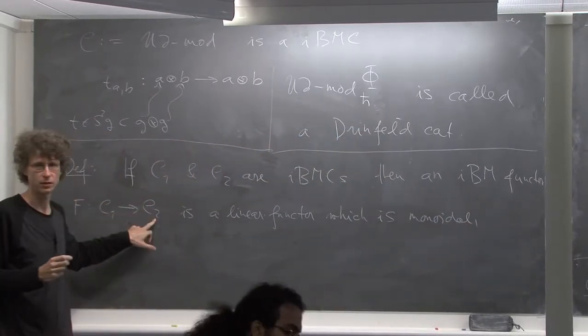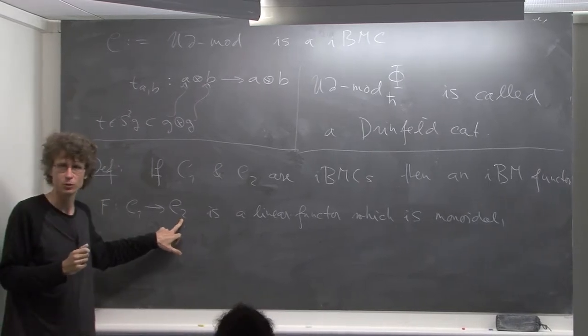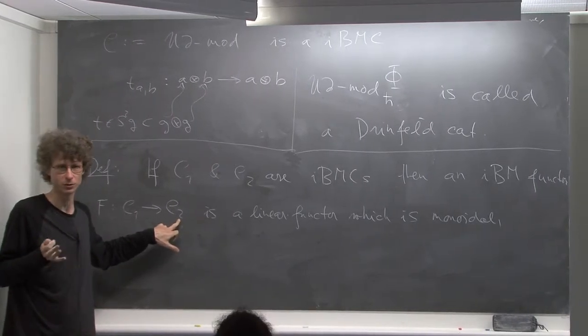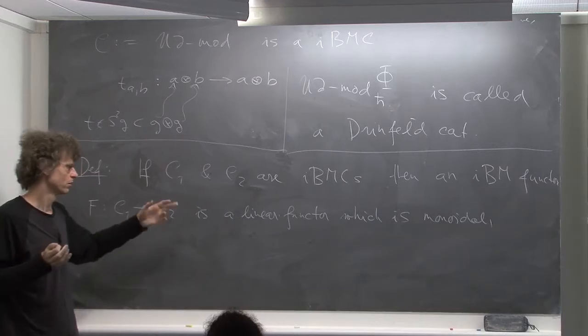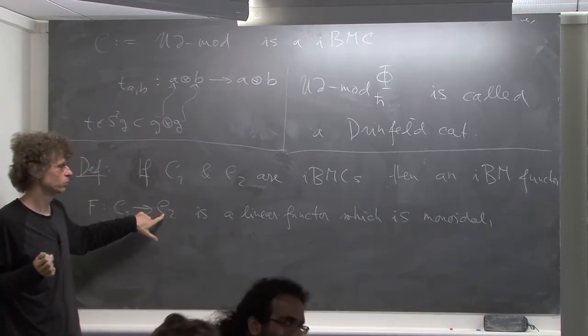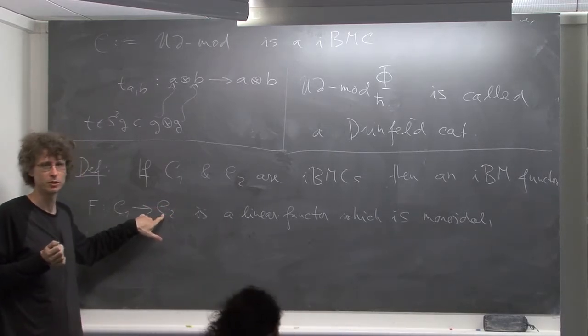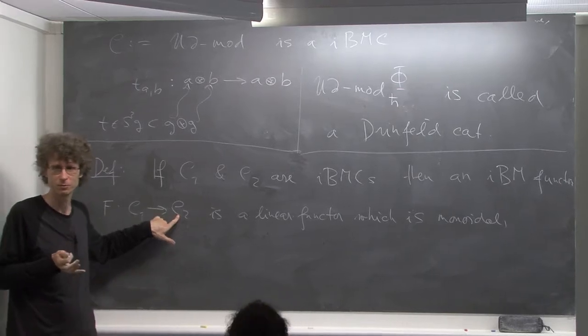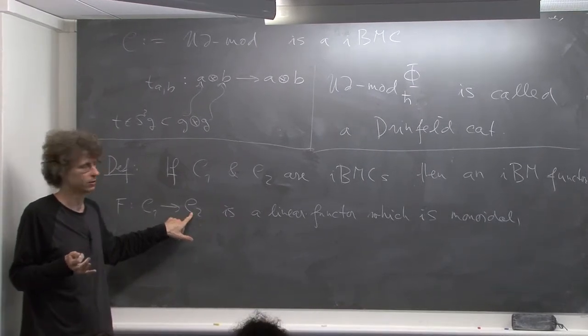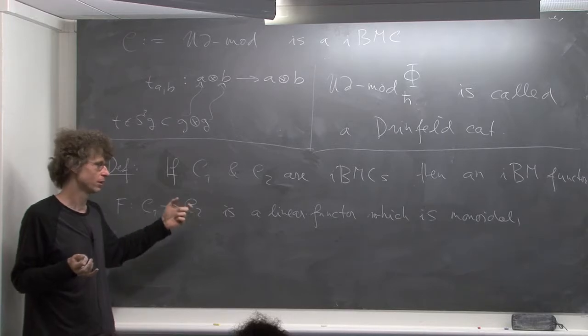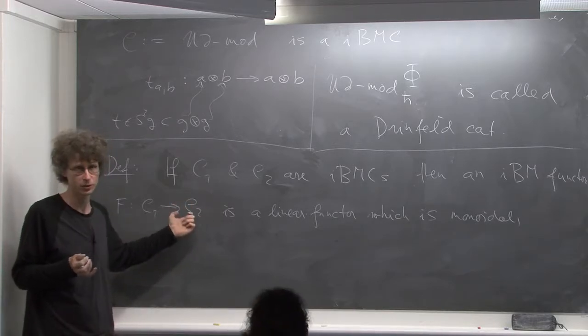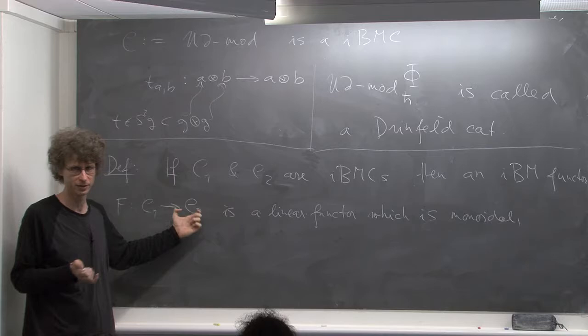Now these categories are symmetric together with this first order deformation to a braiding. So we want this functor to be braided with respect to that infinitesimally deformed braiding, but what it amounts to is simply saying that this functor is symmetric monoidal, that it just preserves the symmetry.